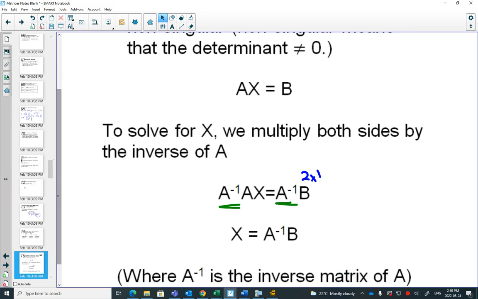Now, A inverse times A will just be your identity matrix, and your identity matrix acts like the number 1. Anything multiplied by an identity matrix is itself. So that means on the left-hand side, we just get x. And on the right-hand side, we have A inverse times B.